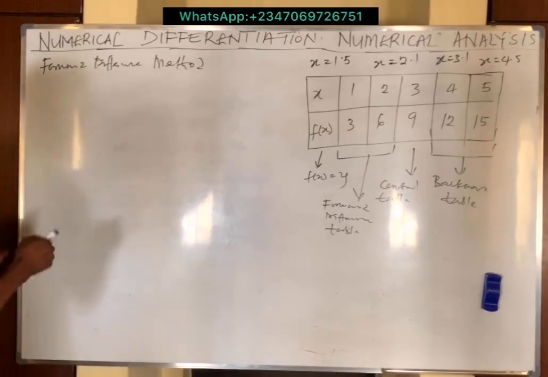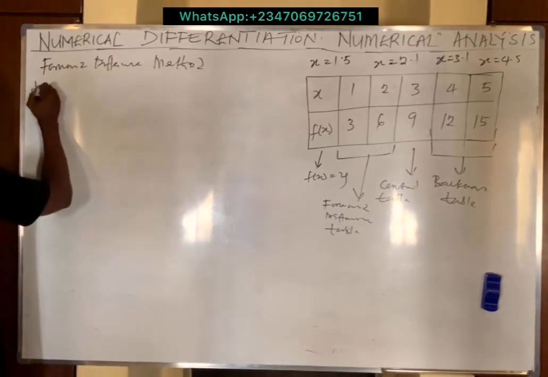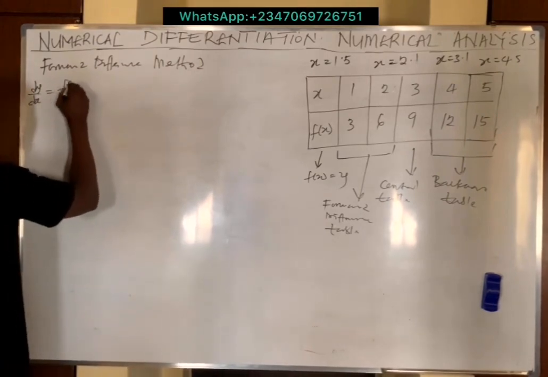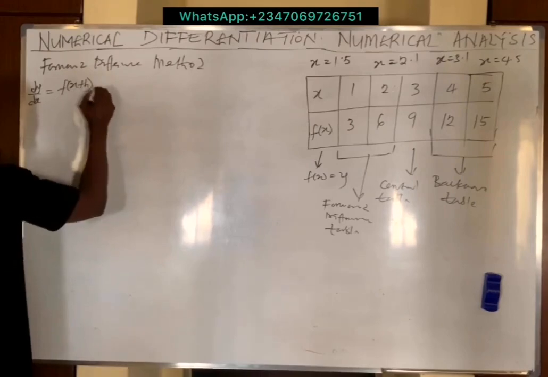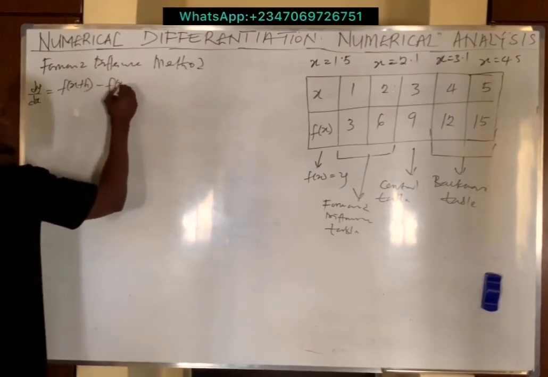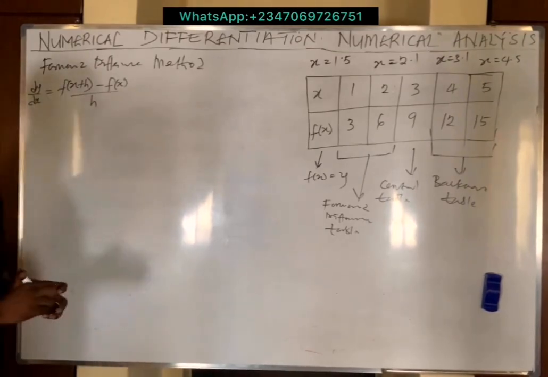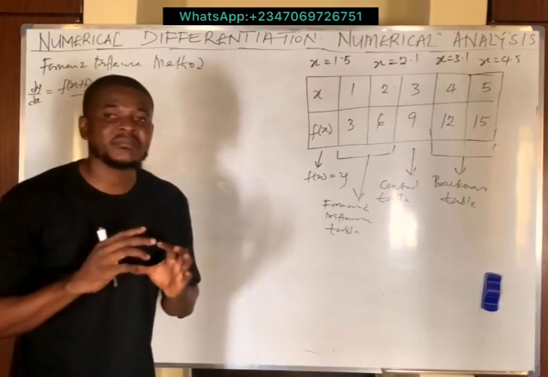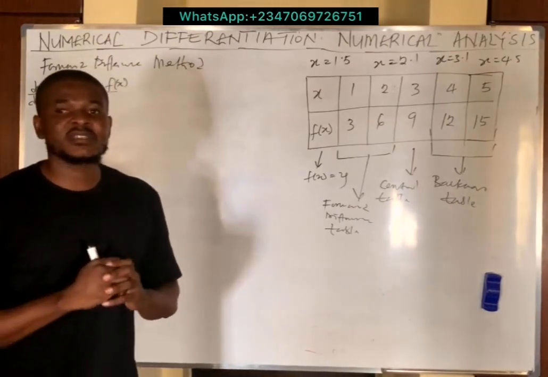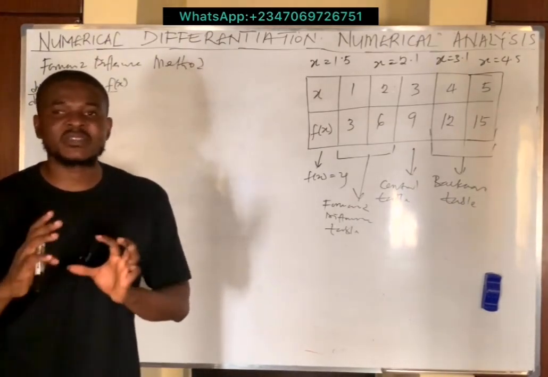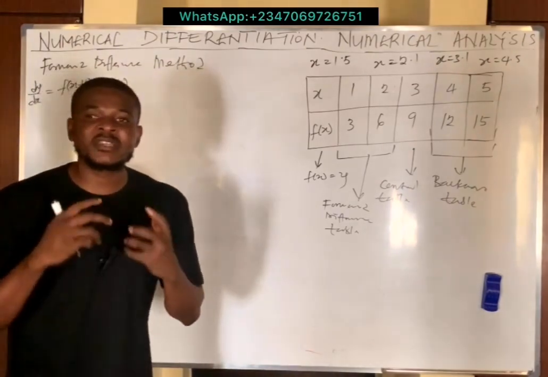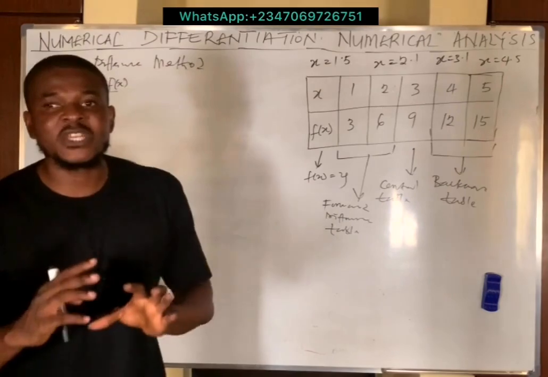For the first derivative, dy over dx is given simply as f of x plus h minus f of x divided by h, where h is a term called a step size or simply interval, and it is simply the difference between successive values of x.